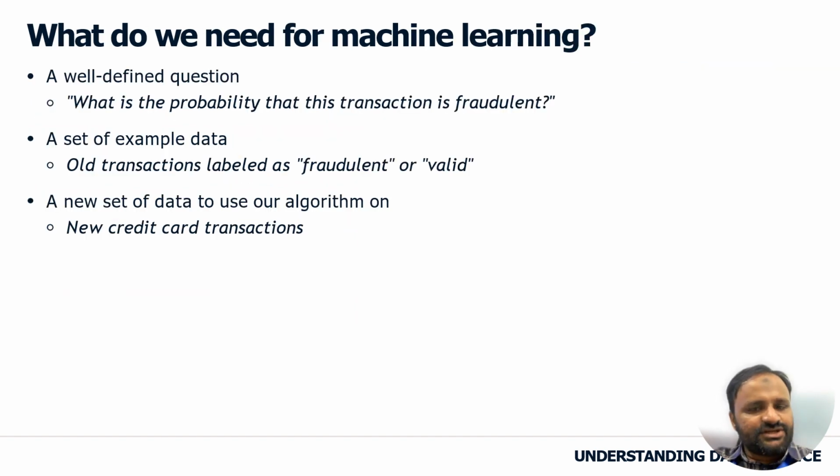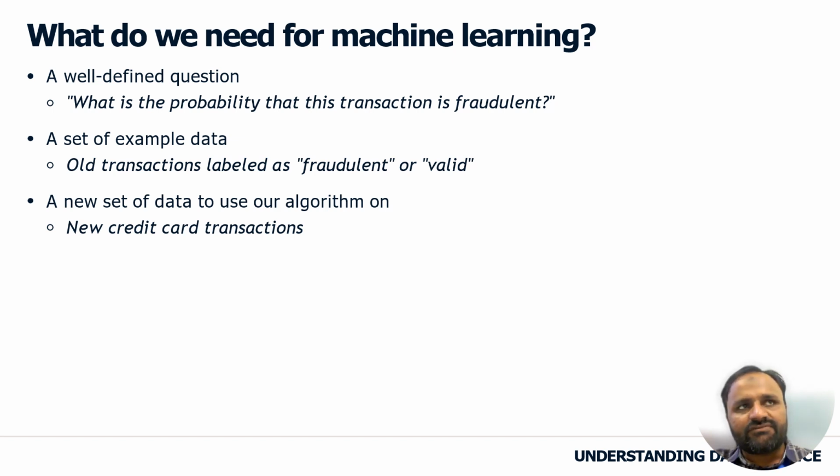Before we answer the question, let's walk through our example and highlight what we need for machine learning to work its magic. First, a data science problem begins with a well-defined question. Our question was, what is the probability that this transaction is fraudulent? Next, we need some data to analyze.